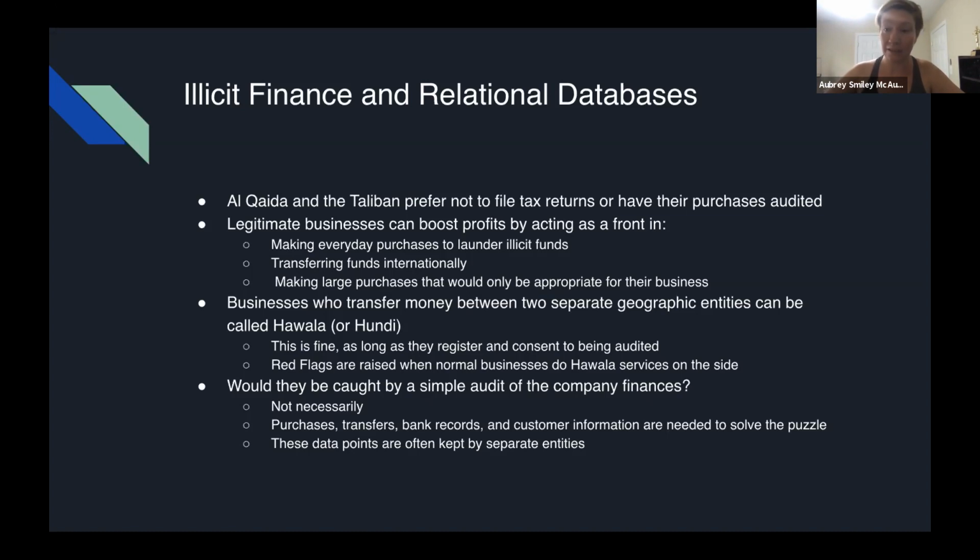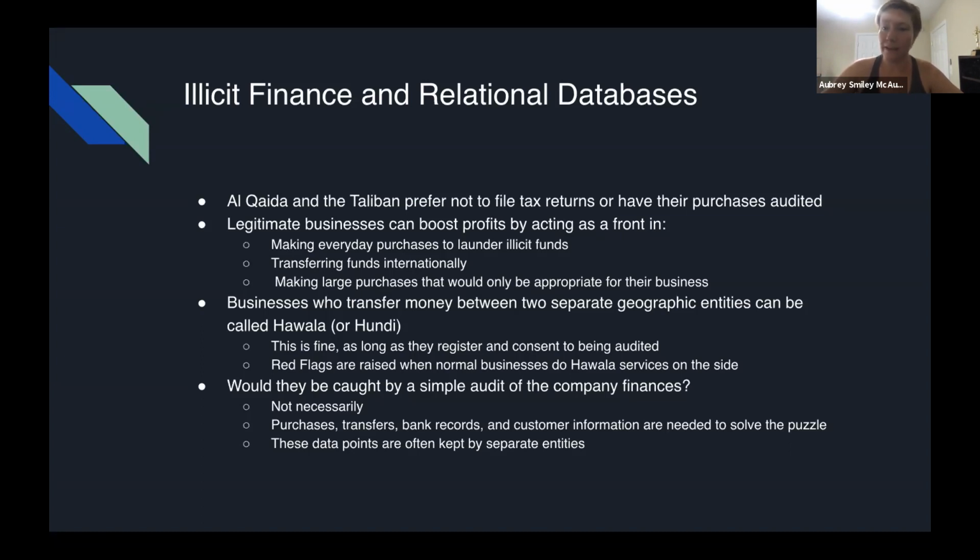Some of this can be money laundering, like literally laundromats are a great way to claim greater or less profits than you actually make because it's a cash business. But sometimes they just do international transfers. The financiers might be in Saudi Arabia, but the money has to make it to Afghanistan.